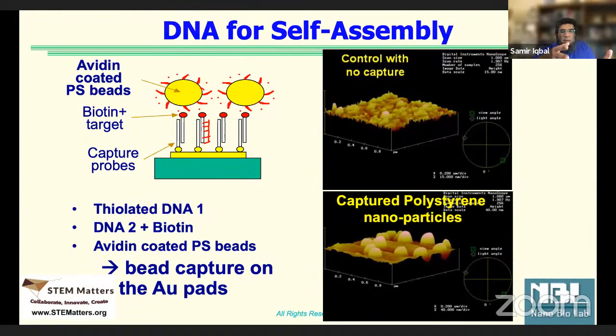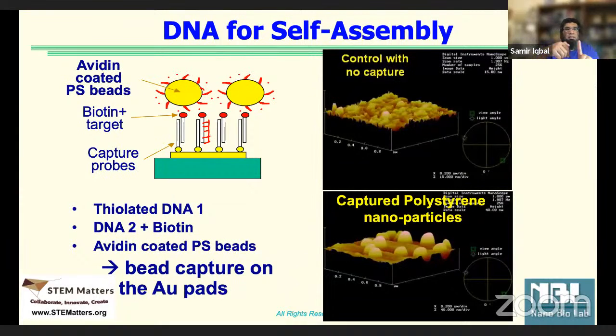The scheme was made where the probe molecule, or the capture probe, has what's called here a thiol group, so it's anchored to the gold on the surface. And now you have polystyrene nanoparticles floating around, and they have another chain which is supposed to be complementary to the capture molecule, to the capture probe. So once they come together, they would bind.